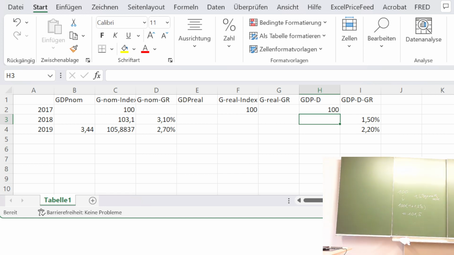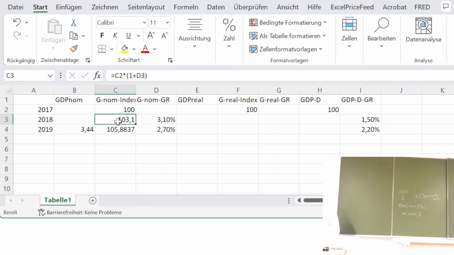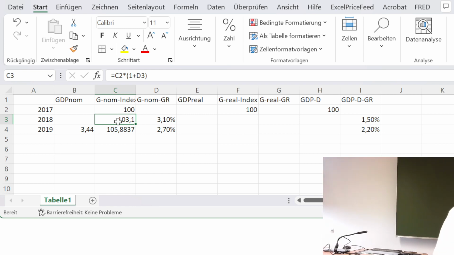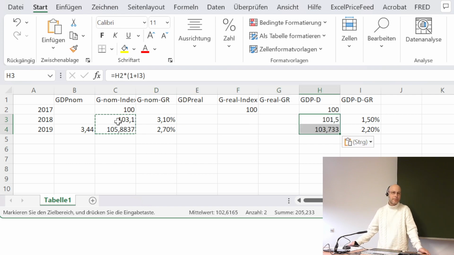Can we see this here? Well, almost, maybe. Now it's better. Okay, and the nice little thing here is, if you have programmed it, that I can just copy this and put this here.